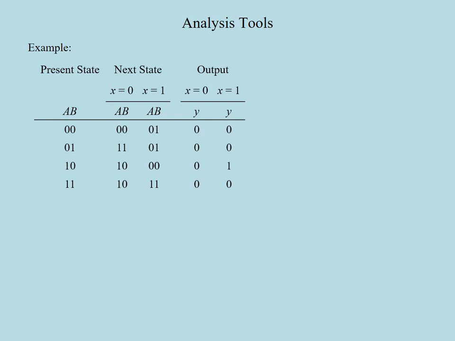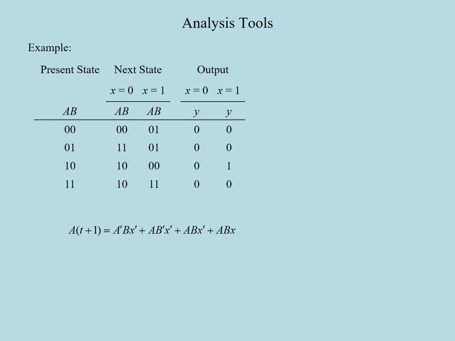Here, for example, inspecting the table for combinations where the next state of the A flip-flop is given as 1, A of t plus 1 can be written as a sum of 4 minterms of A, B, and x, namely as A prime B x prime or A B prime x prime or A B x prime or A B x.